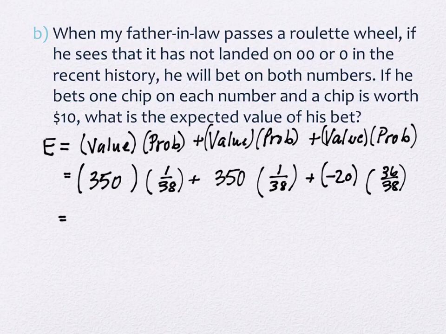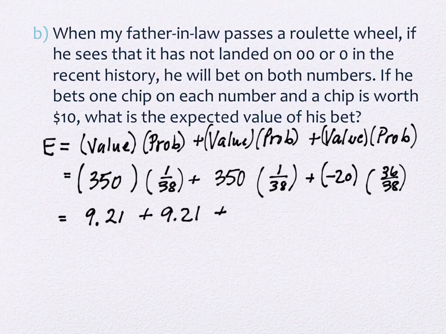And this is money, so 2 decimals seems to be reasonable, right? So each of our answers, we're just going to record to 2 decimal places, and we'll add everything up at the end. So we have 350 times 1 over 38. What is it? 9.21. And the next one will be 9.21 because it's the same thing.